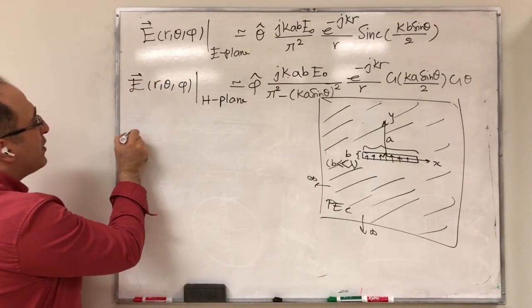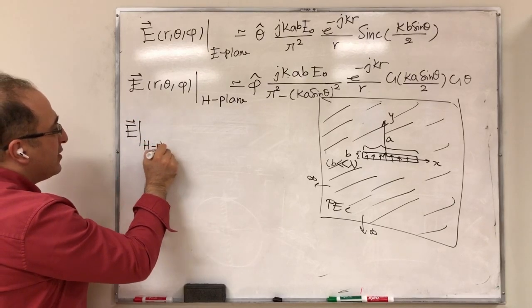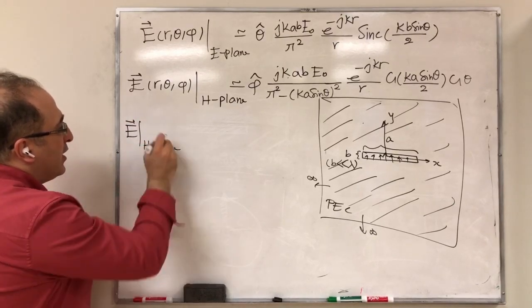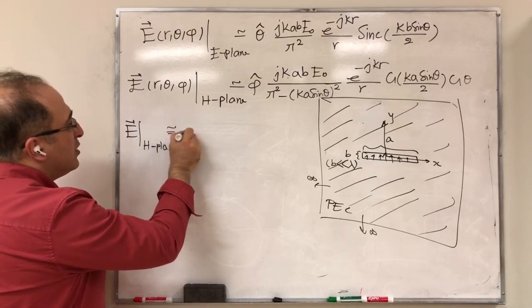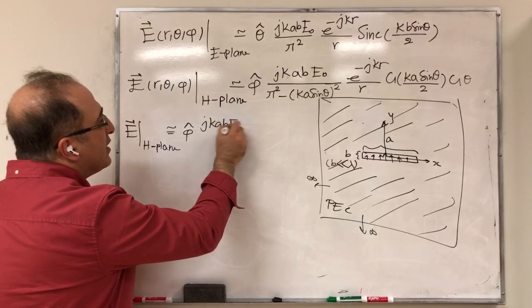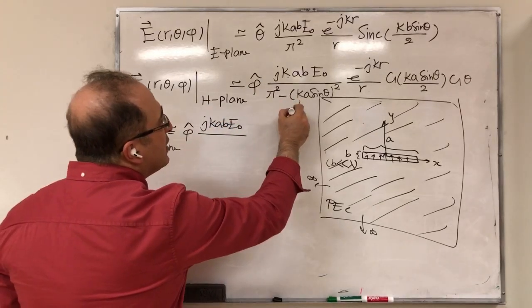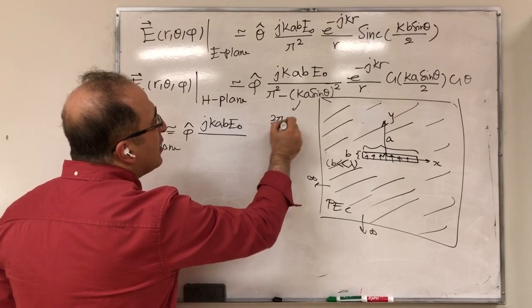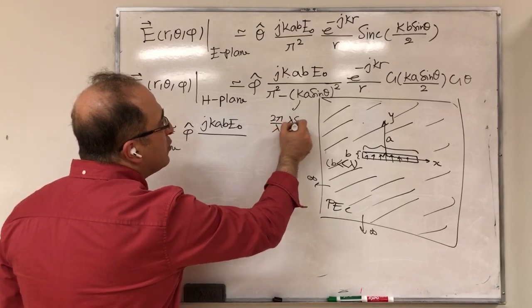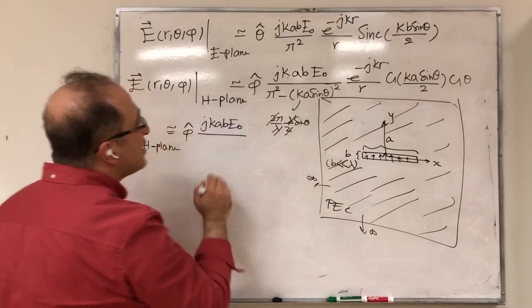So therefore, E in the H plane is going to be equal to phi hat jkAB E naught. And then this is going to be 2 pi over lambda divided by 2 sine theta. This cancels, you get pi sine theta.